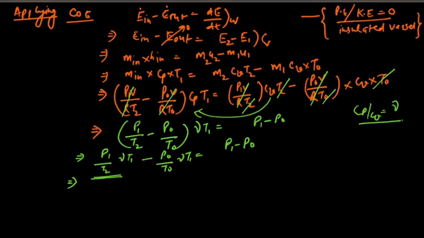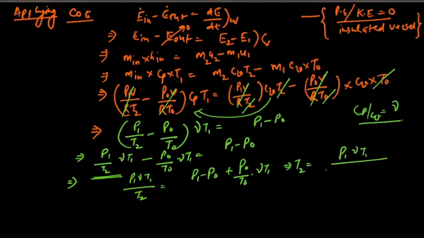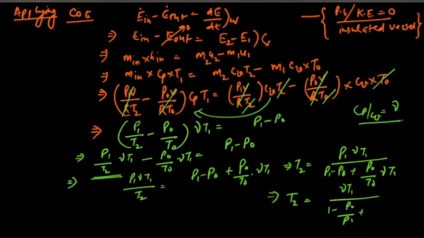Therefore, simplifying for T2, P1 gamma T1 upon T2 equals P1 minus P0 plus P0 upon T0 into gamma T1. Therefore, T2 can be written as P1 times gamma T1 divided by P1 minus P0 plus P0 upon T0 times gamma T1. Further simplifying, T2 equals gamma T1 divided by 1 minus P0 upon P1 plus P0 upon P1 into gamma T1 upon T0.